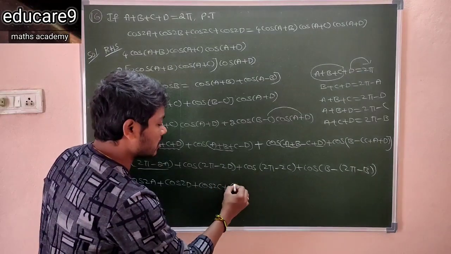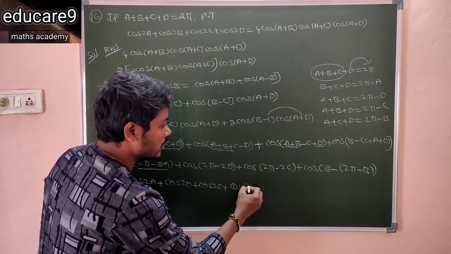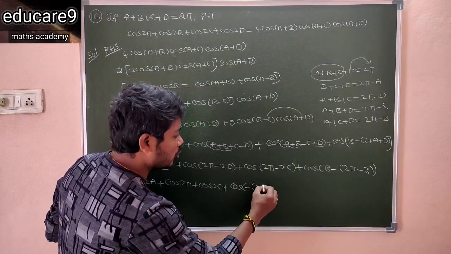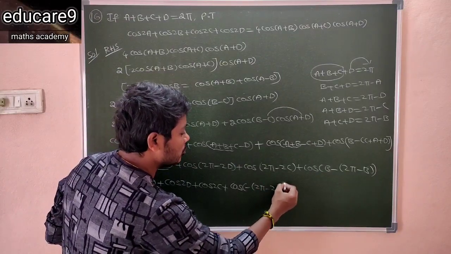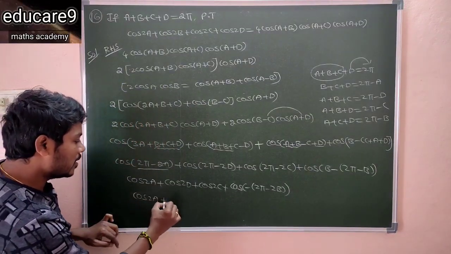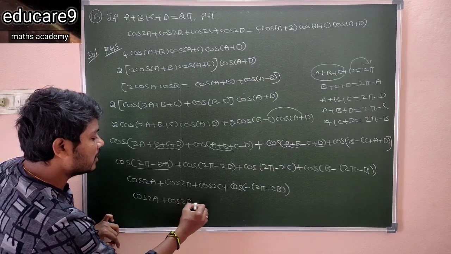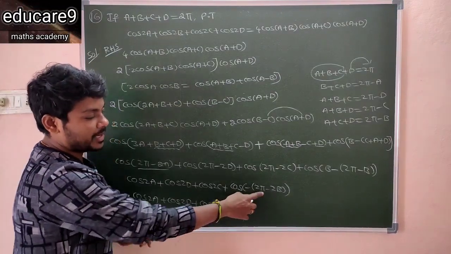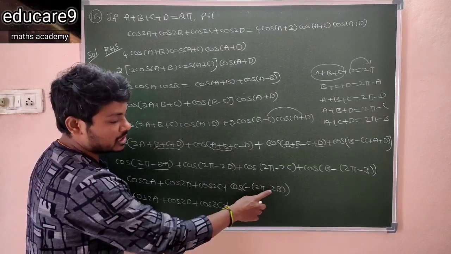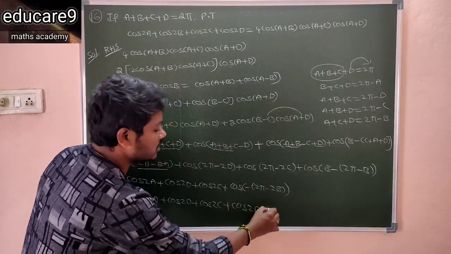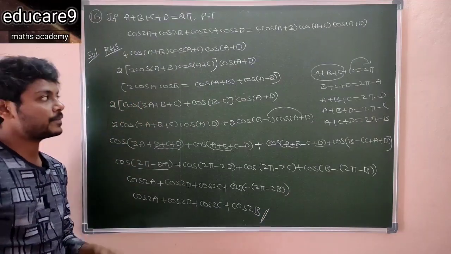Last one, how to write this one? Minus of 2 pi minus 2B. So this is cos 2A plus cos 2D plus cos 2C. So you will get cos of minus theta is cos theta, and cos of 360 minus theta is cos theta. That is cos 2B. So this is LHS.